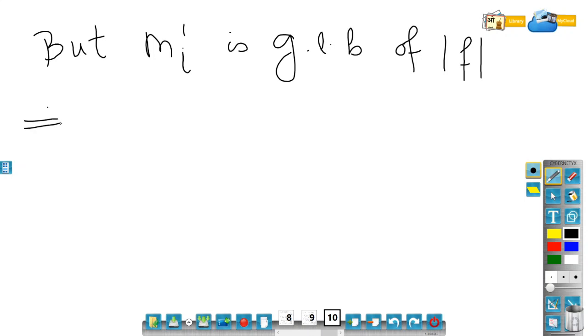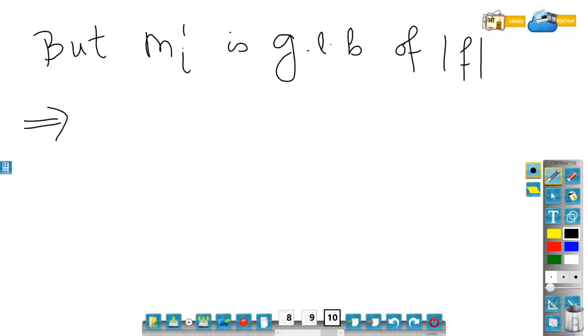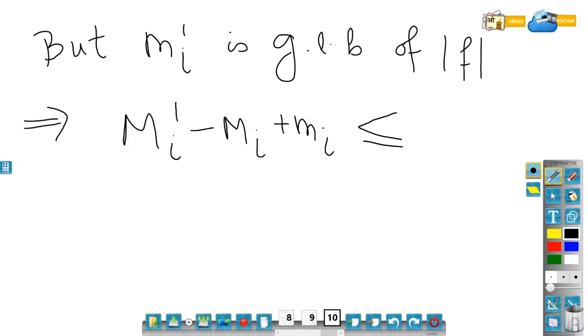So this would imply mi dash is a lower bound, and this capital Mi dash minus capital Mi plus small mi is also a lower bound, but small mi dash is the greatest lower bound. So what I'll get, mi dash minus capital Mi plus small mi is definitely less than or equal to small mi dash.